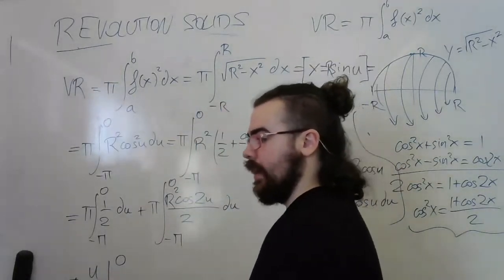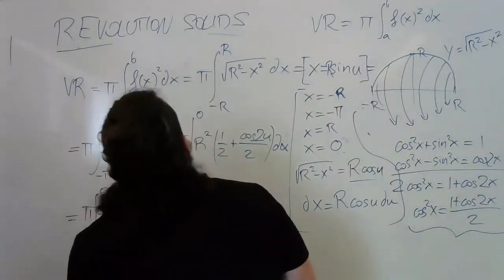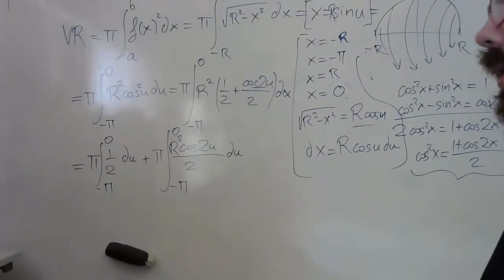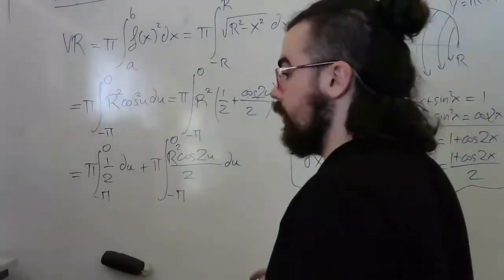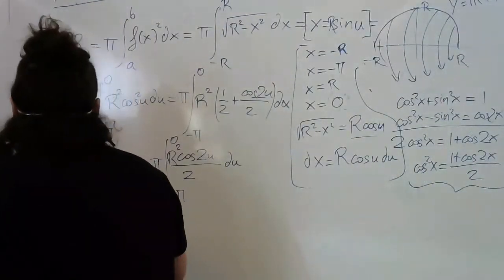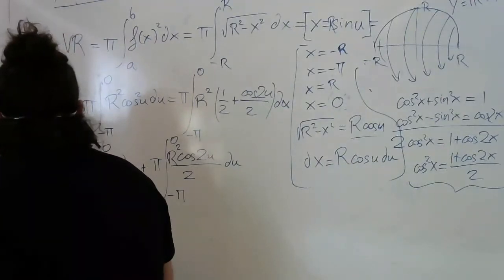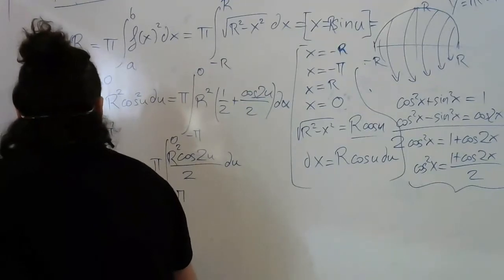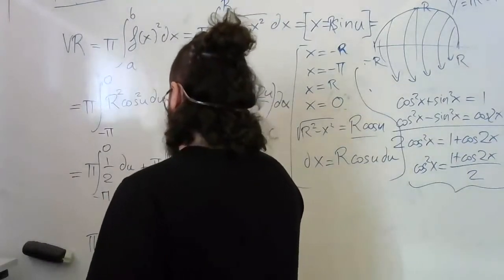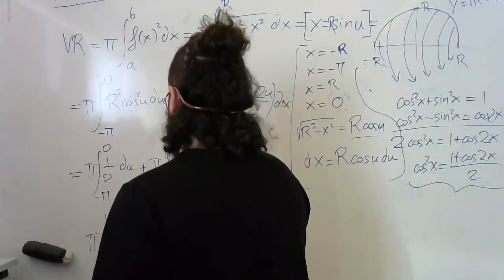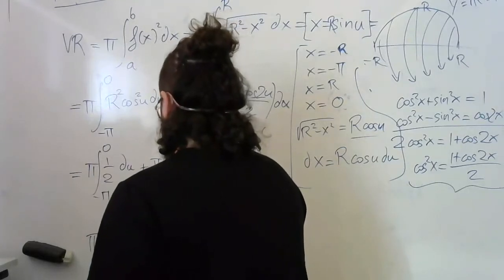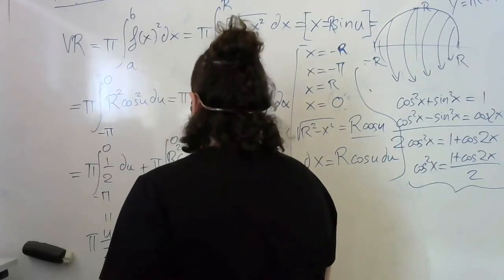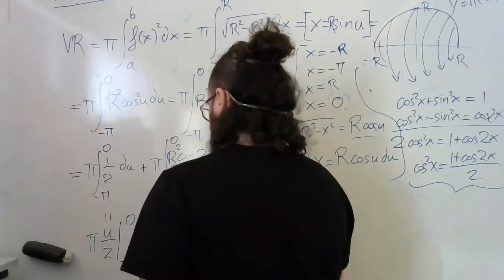Okay? Can't see it. It's out of the pen. Let me fix that. This is pi r squared u halves between the limits, plus pi r squared divided by 4 sine of 2u between the limits.